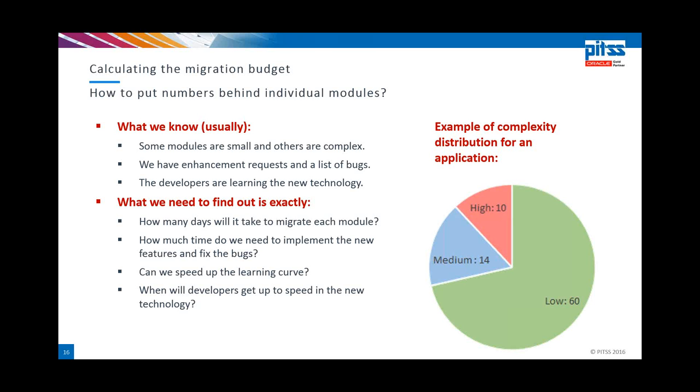In the right side pie graphic, we have a summary of an application complexity. You can see that most modules in these demo situations are simple. So 60 modules are simple, 10 modules are complex. So in this case, the migration process should not be so difficult.